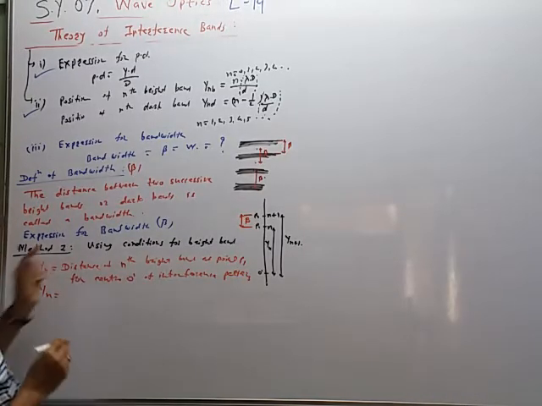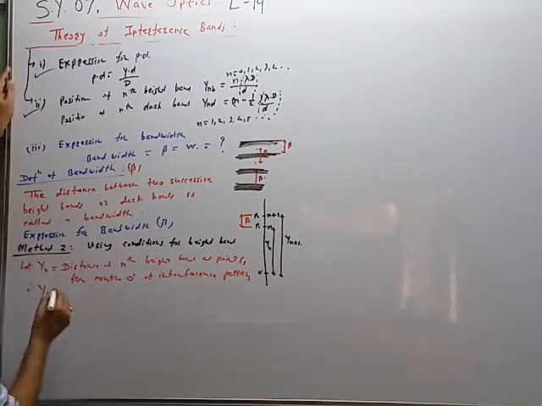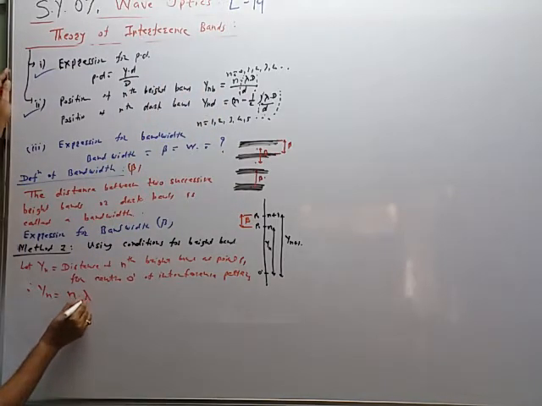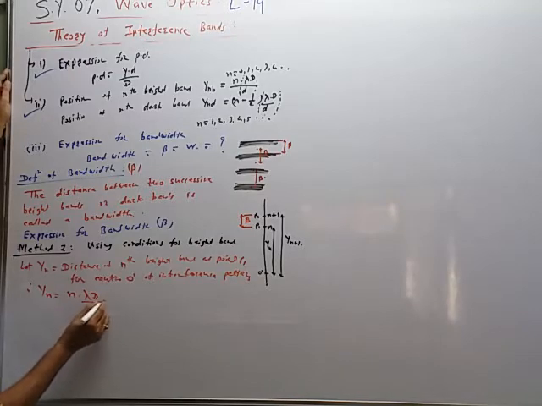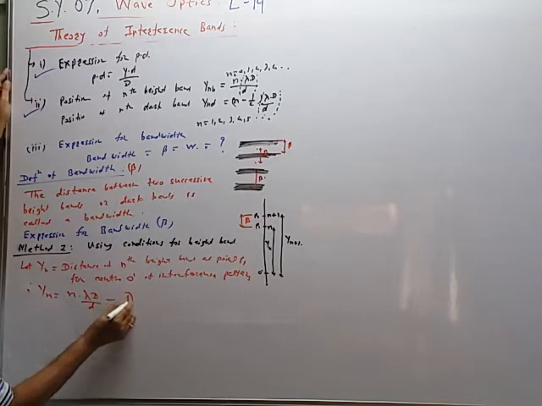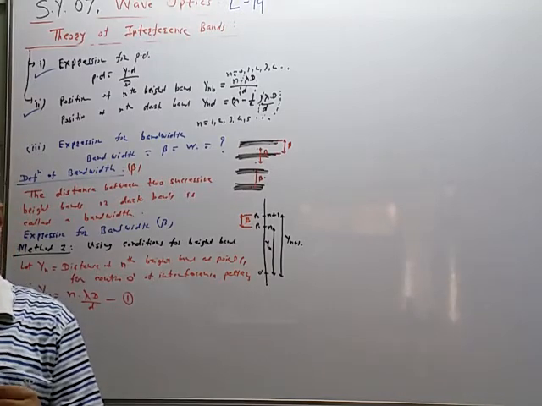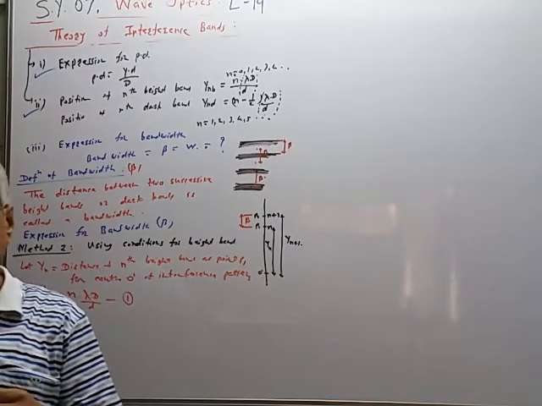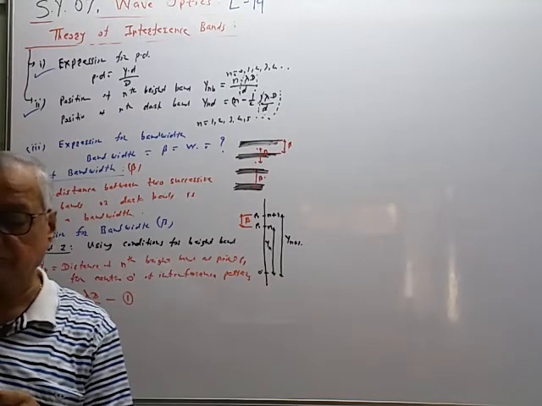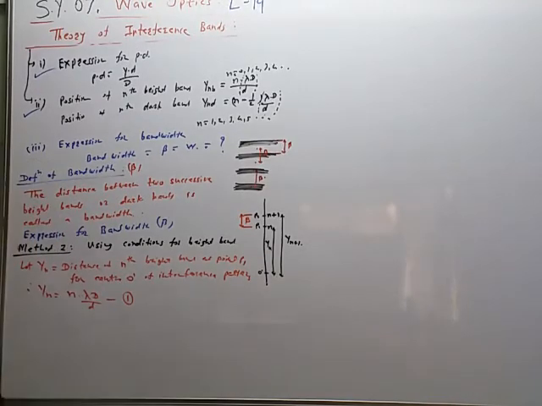Therefore yn is equal to, using the formula, n, the number of the band, into lambda capital D upon small d. This is equation 1. Lambda is the wavelength of the monochromatic light.